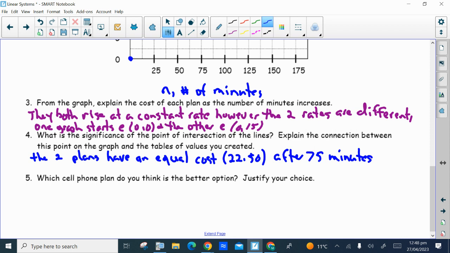So that's one use of this graph. It tells you where the two things are equal.